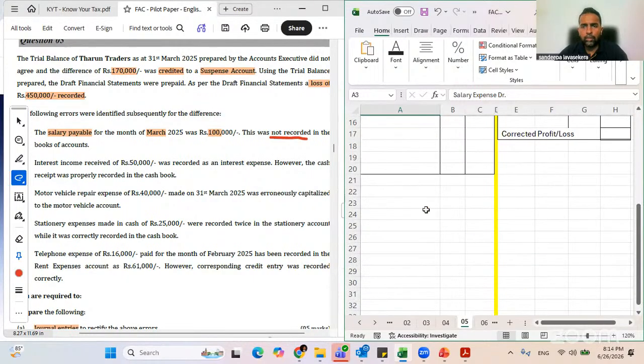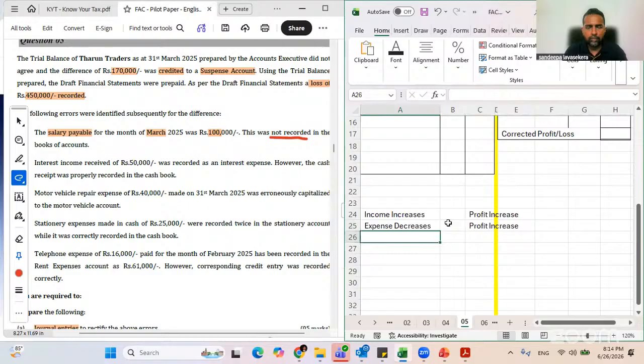Now look here. When an income increases, the profit will increase. When an expense decreases, profit will increase. When an income decreases, profit will decrease.